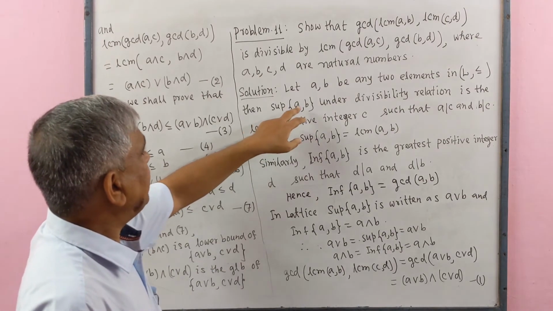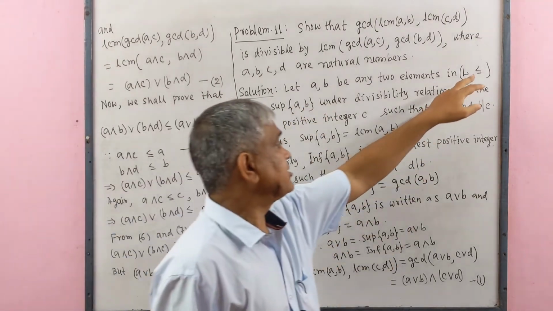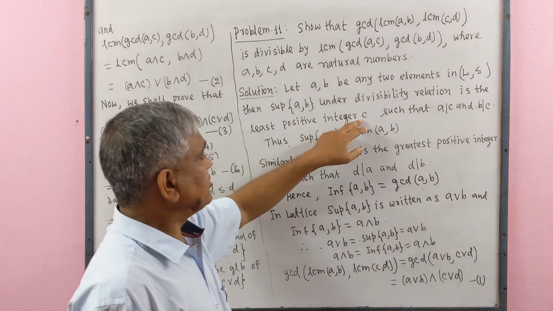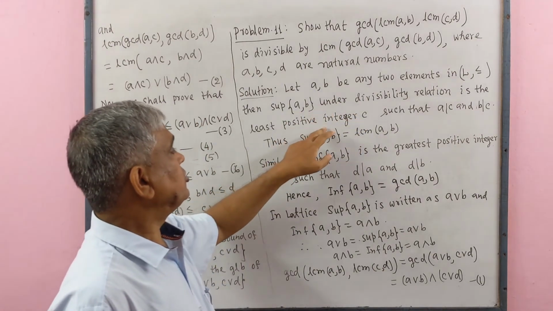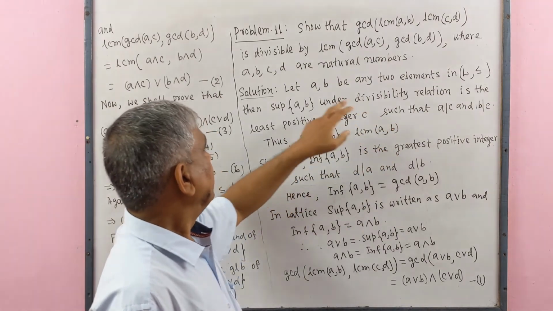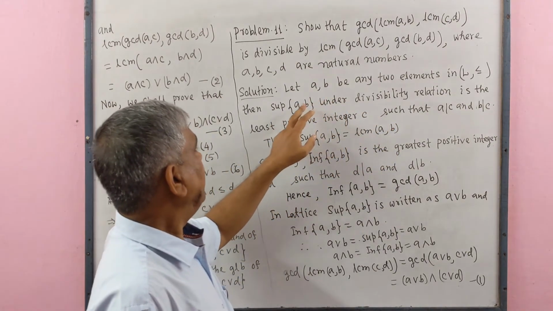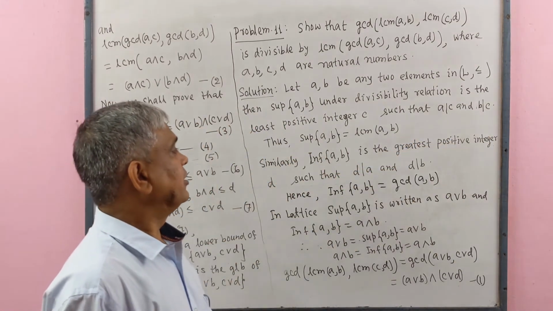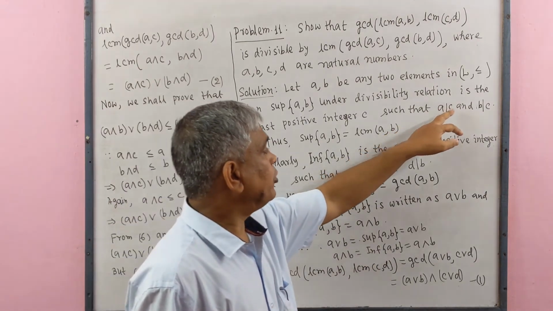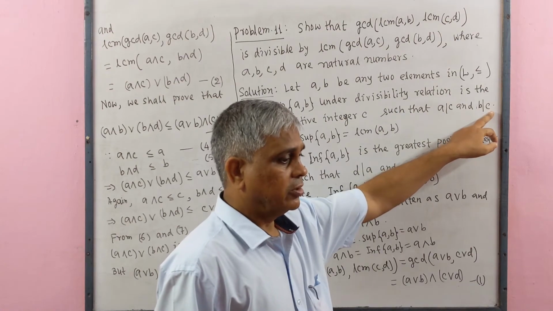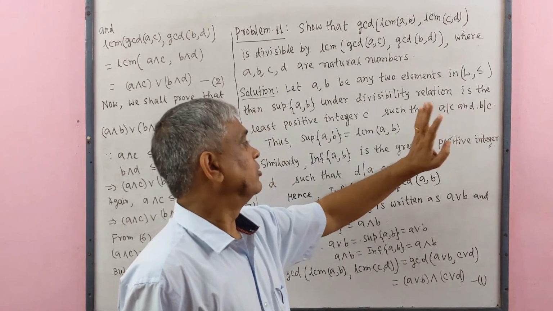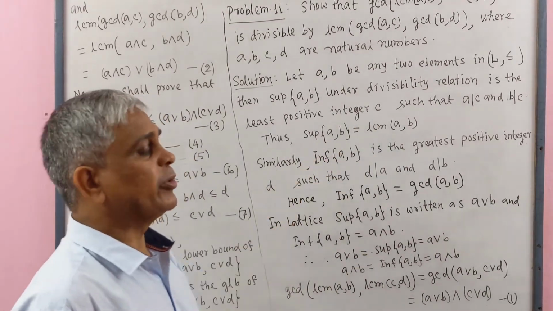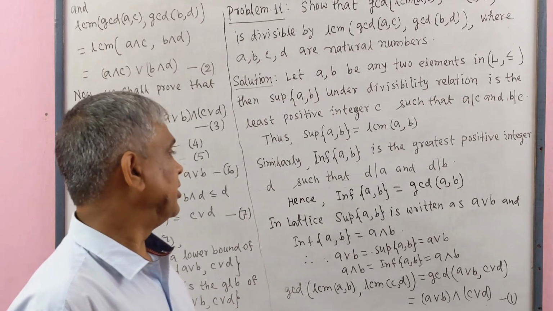Then the supremum of AB under divisibility is the least positive integer C such that A divides C and B divides C. The supremum of AB is the LCM of A and B, the least positive integer divisible by A and B.